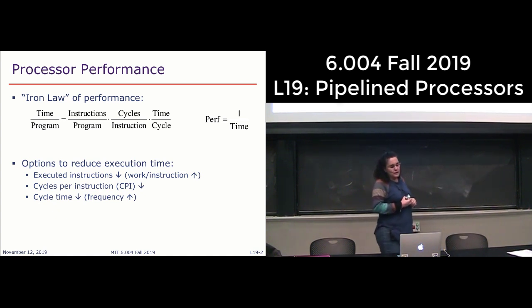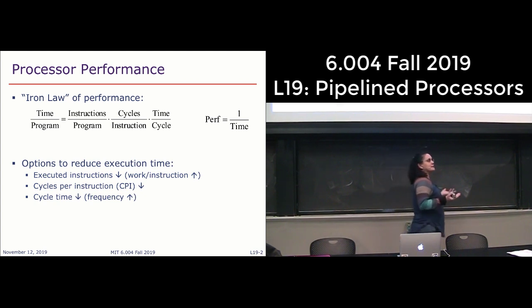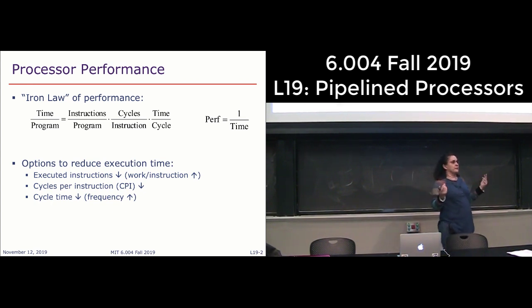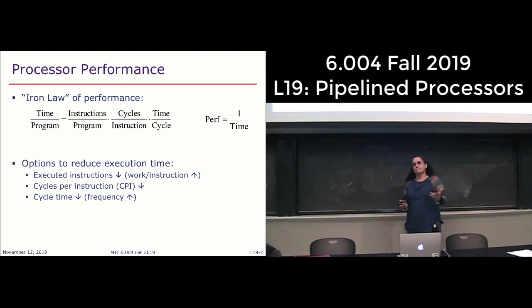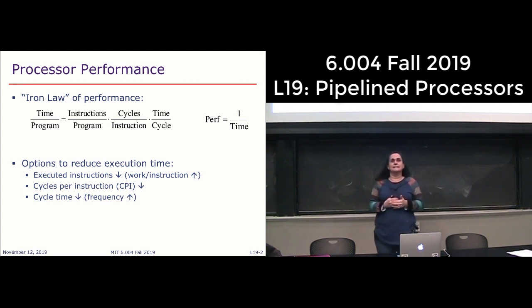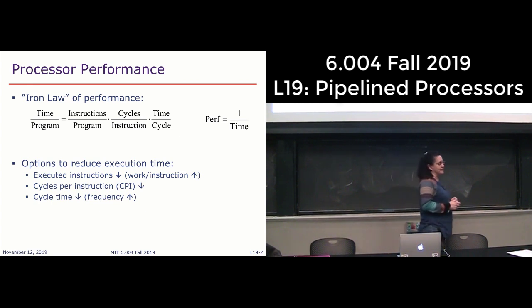Then the two other things to look at are the number of cycles per instruction. Well, we've already built a single cycle processor, right? So we're in a situation where our cycles per instruction, or CPI, is 1. We really can't do better than that until we move to having multiple processors running in parallel.